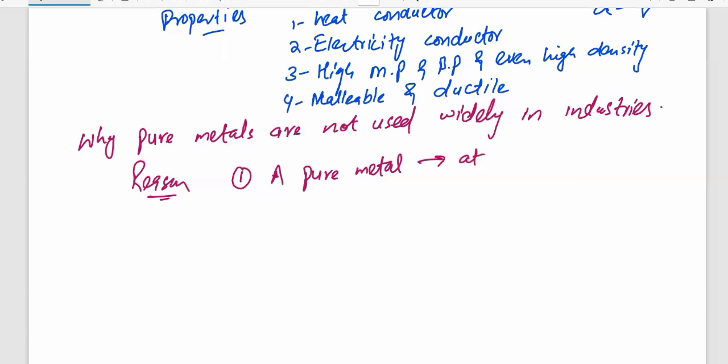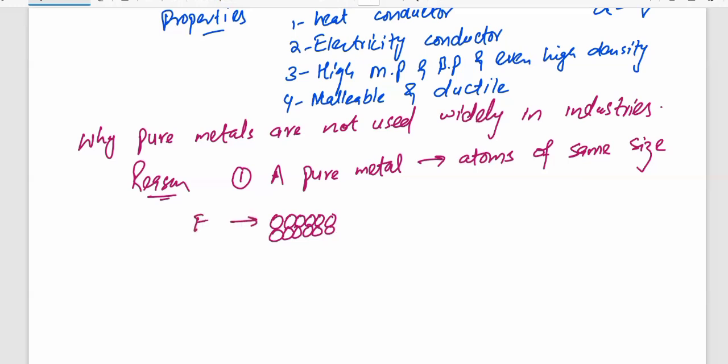Basically, a metal is an element, and we know that elements have atoms of the same type, which have the same atomic number, and definitely they should have the same sizes. So when force is applied, they slip over each other. It means these layers slide when the force is applied.